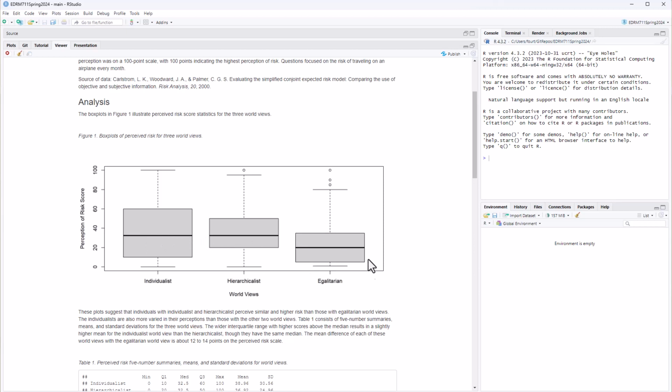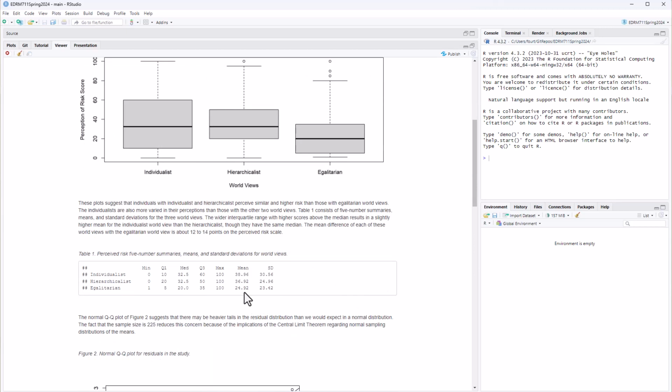These are medians, or descriptively, we can look at medians or means to look at the differences in centers of the distribution, and we can visually see a difference in centers here in which individualist and hierarchicalist are similar to one another but different than egalitarian, and we also see that here with the means, that the individualist and hierarchicalist mean are within a couple points of each other, but over 10 points different than that in egalitarian. So that's the variability between groups.